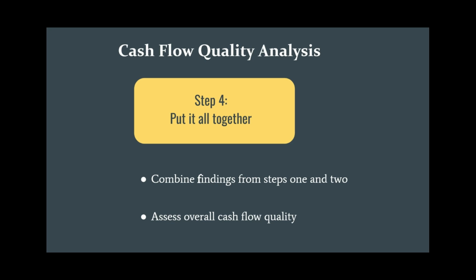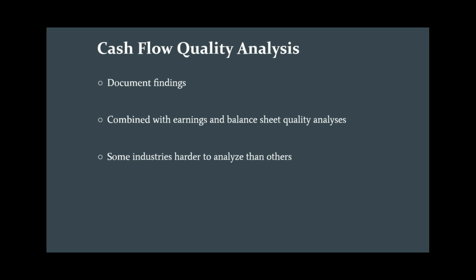So that's the final step, where you put it all together. You document the findings from the questions you asked and from the ratio analysis which you did. Then you combine those findings with your earnings and balance sheet quality analyses, and that's going to give you your overall financial statement quality. Some industries are typically harder to analyze than others, so bear that in mind as well.